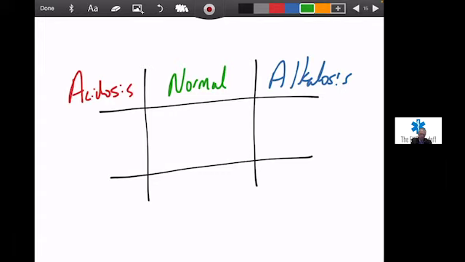So once you've memorized the normal values and thought about the diagram I drew a minute ago, create your blank tic-tac-toe board, label the top row as acidosis, normal, and alkalosis, and then based on the values, we're going to determine which column we're going to place the pH, the PaCO2, and the HCO3 in that grid. So we're going to determine if the pH is normal, acidosis, or alkalosis.